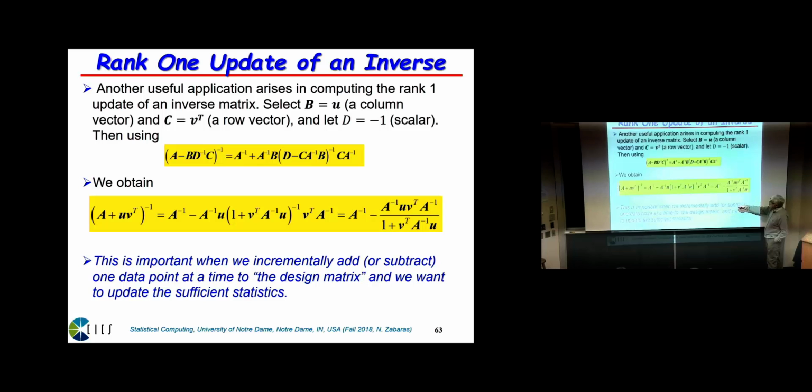If you want to add only this U and V transpose to invert the left hand side, effectively you don't have to do anything, it only involves A inverse. Okay? So a very nice formula, and again, extremely common in the context of Gaussian processes.